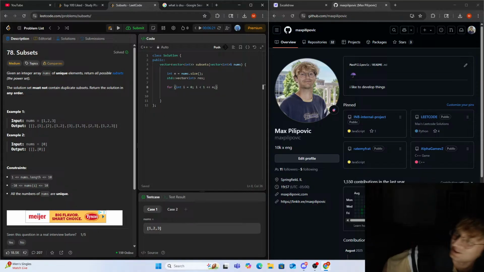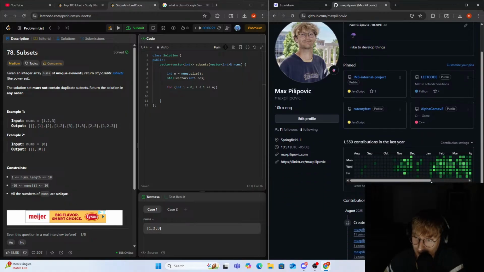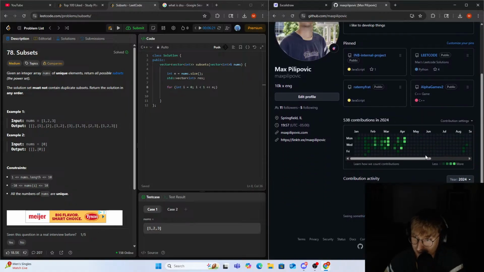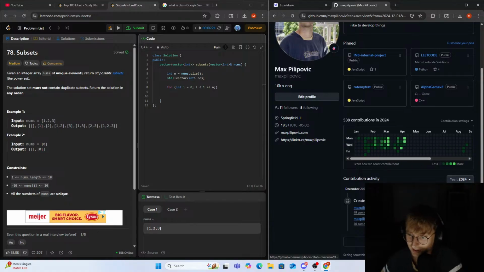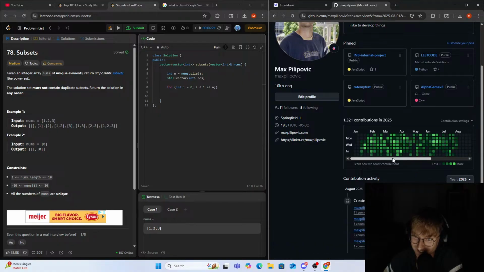How much is a lot of commits for a year? I actually have no idea. 1,500 is a lot. Look at my GitHub. In 2024, I made 500 commits, and in 2023, I made 0, 8, 12. That's what I'm telling you.